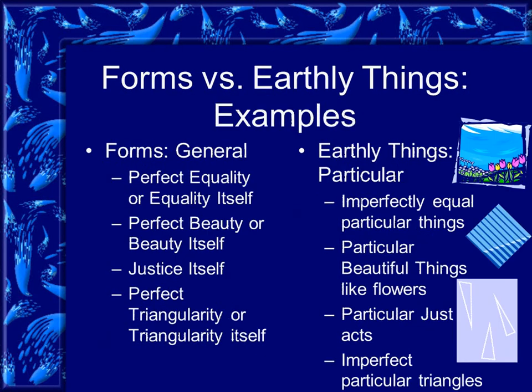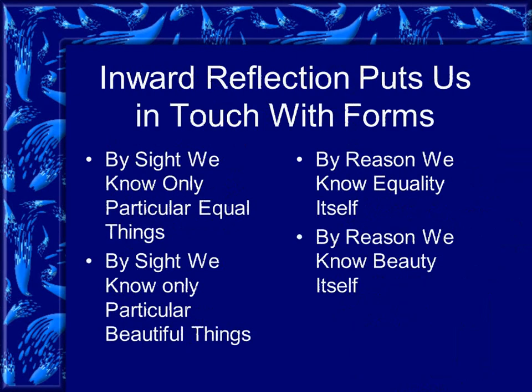Well, anyway, to move on, we looked endlessly at some of these examples, but again, I separate the forms from particular existing things and give you examples in this slide, but we've gone over.